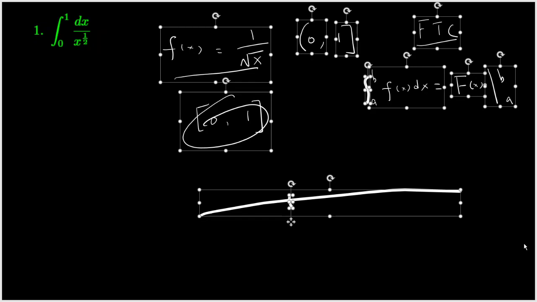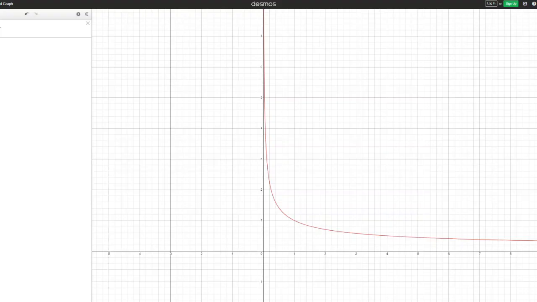I will show you the full solution, and then you are going to see the meaning. So geometrically, we are trying to evaluate the area under the graph of 1 over square root of x from 0 to 1. In this case, you try to understand the meaning from 0 to 1.